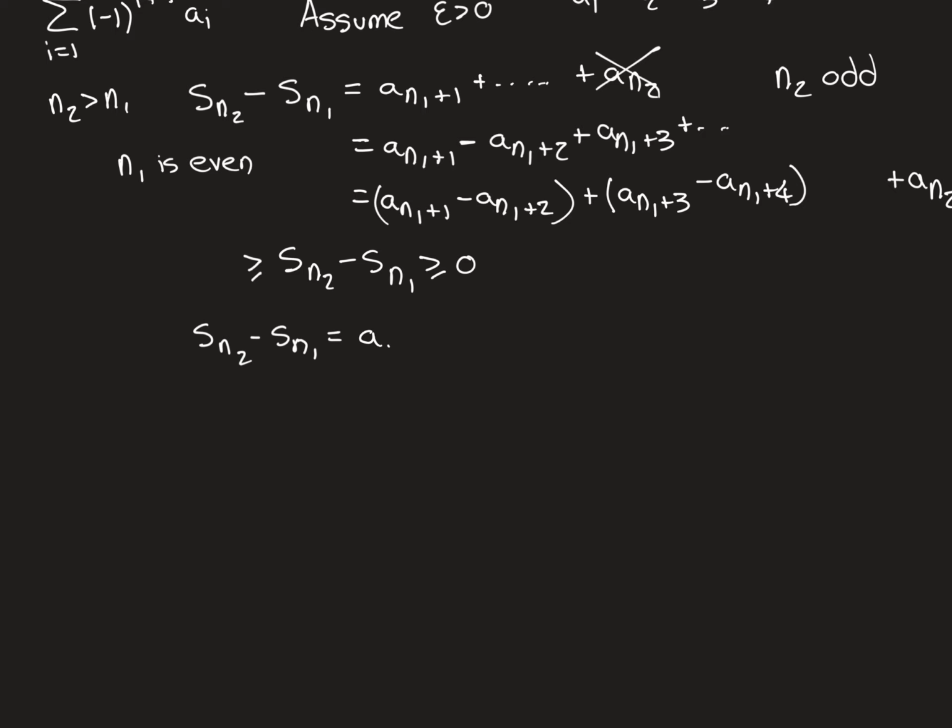So it's going to be a_(n1+1) minus a_(n1+2) plus a_(n1+3), etc. onwards. This time, the way we're going to pair them up is like so. So we're going to leave the first term out, and then we're going to pull the minus out, and then we're going to pair them up like so. So a_(n1+2) minus a_(n1+3).